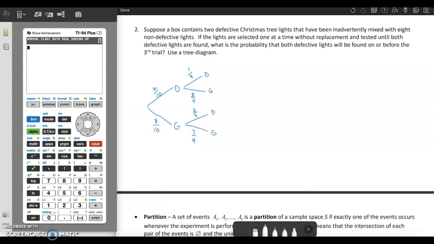Okay, so one more draw for our third draw. Let's see, all of the denominators now have to be 8s. I'm starting to get a little crowded in here, but that's how many bulbs are left.